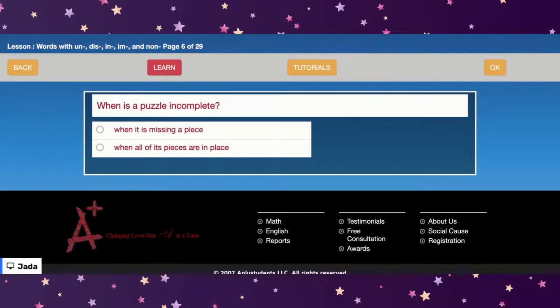So when is a puzzle incomplete? When it has a missing piece. Okay, good job.